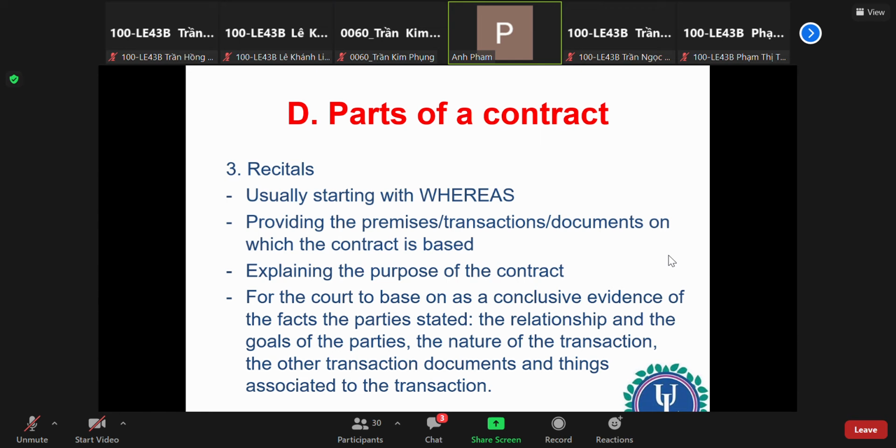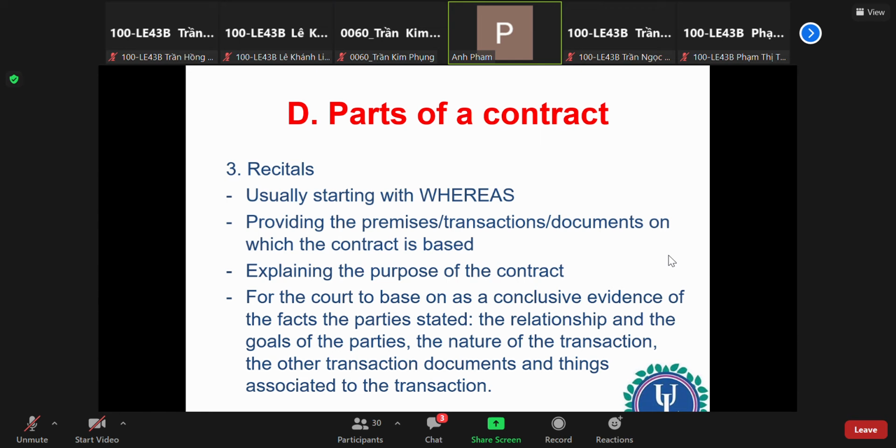Right? So when you do due diligence for your client to buy a company, they may give you a lot of contracts. And this is my experience when I read a contract: I love to read the recital section first. And I will know a lot of information about that contract and other transactions relevant to it as well.